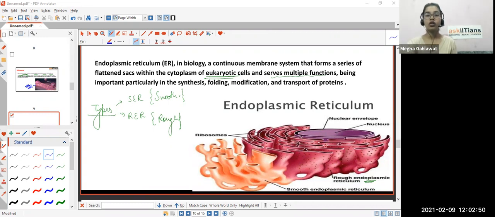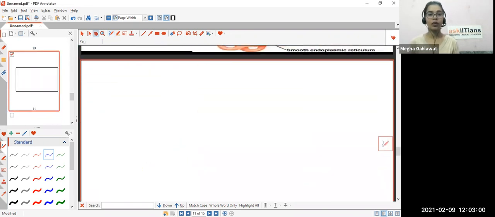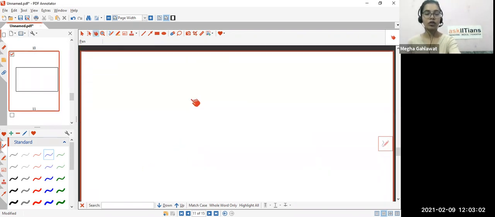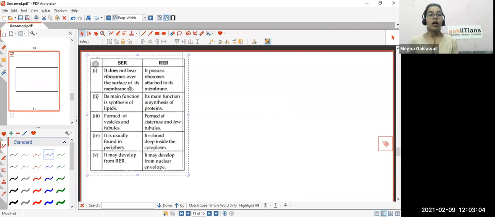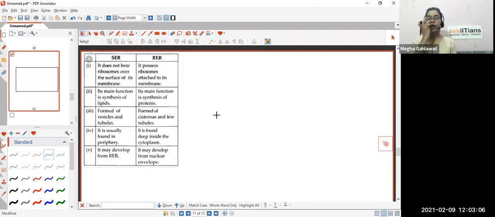On top of that, the SER and RER differ a lot in terms of functions as well. So we'll be talking about their functions next. Now, this is going to help you in understanding the function and the structure, and it is also going to serve as a difference table for you.